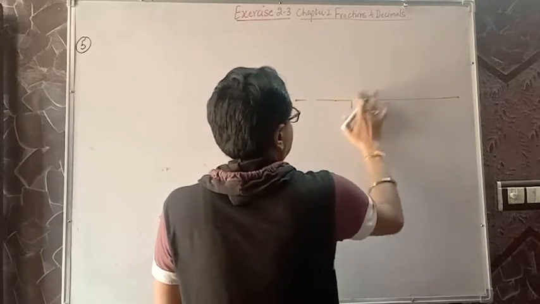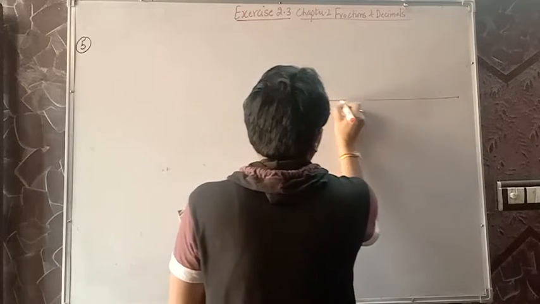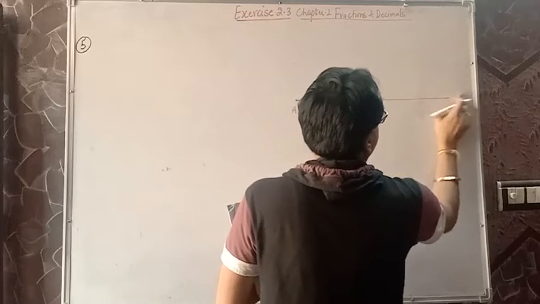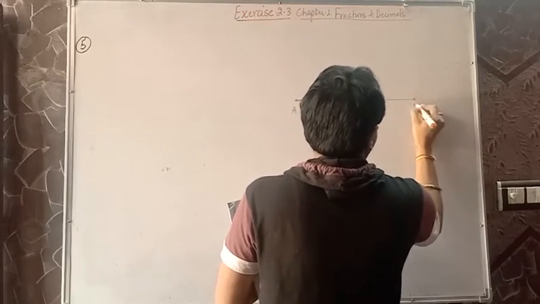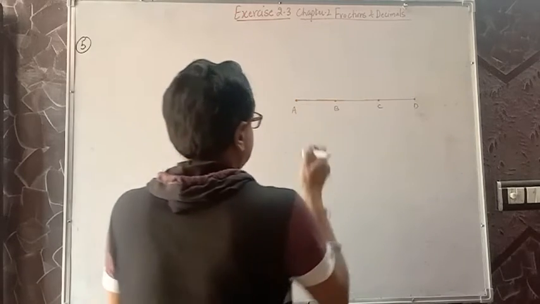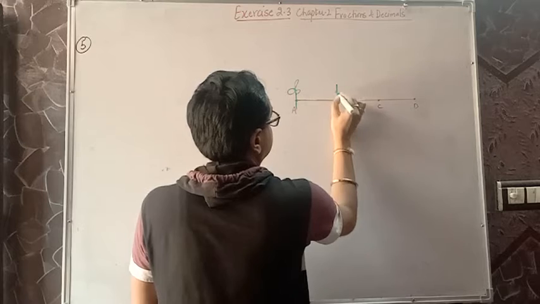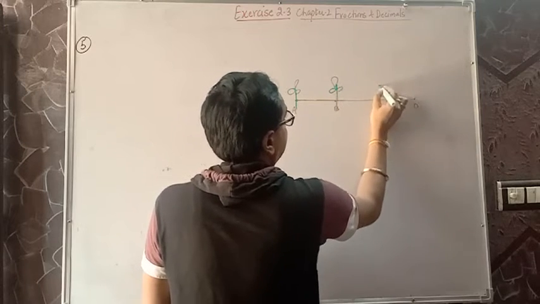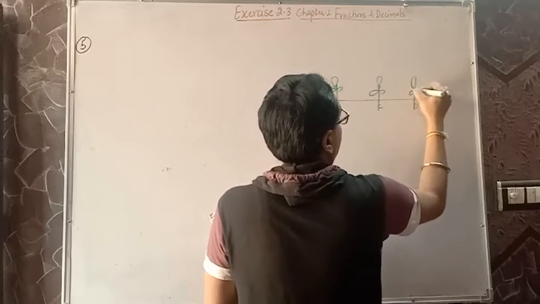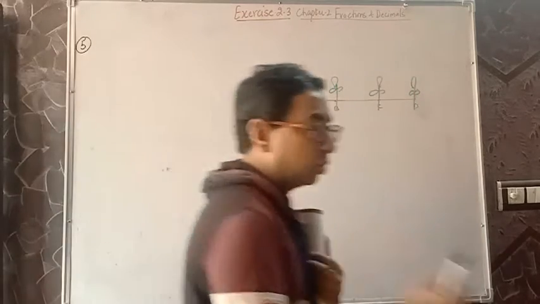Let me do it correctly because it will help you, otherwise you'll get confused. For example, let me start from points A, B, C, and D. She has grown 4 saplings, so let me take the first sapling here, second sapling, third sapling, fourth sapling. 4 saplings means the small plants she has grown.